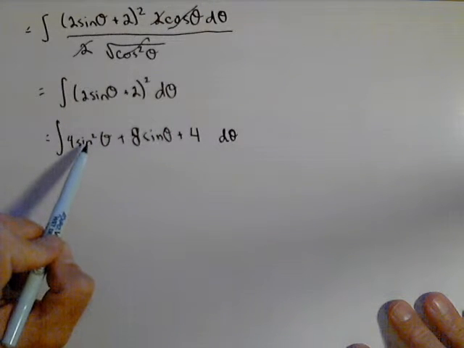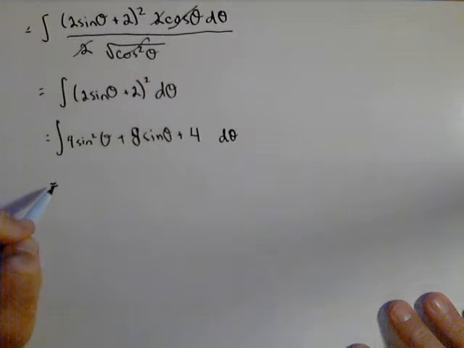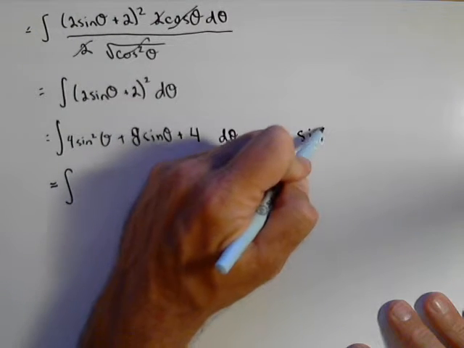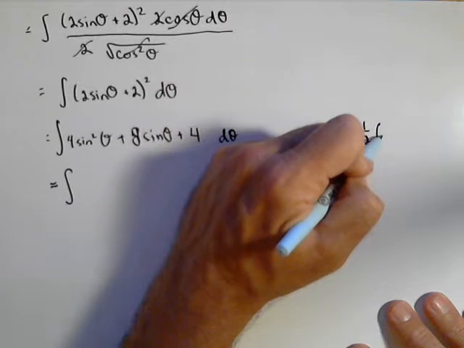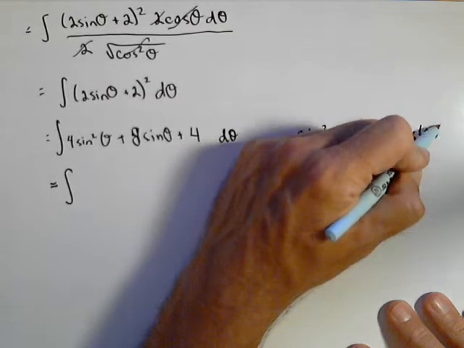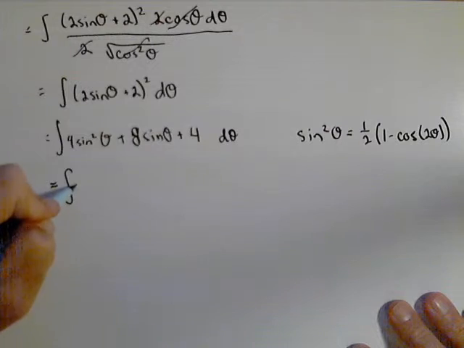Thing is, dealing with a sine squared theta is not really straightforward. Either you can use the tables of integrals or you can use a trigonometric substitution. So we're going to use a double angle identity that says that sine squared theta is equal to 1/2 times 1 minus cosine of 2 theta. So we're digging back into your trig there a little bit using this identity.